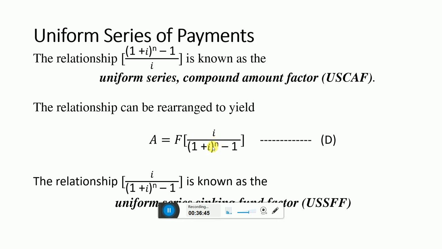So I would repeat: this relationship I over 1 plus I power n minus 1 is known as uniform series sinking fund factor, or USSFF, because this relationship determines the uniform end of period investment, which is A, that must be made to provide an amount F at the end of period N. So at the end of period 5 years or 3 years, what would be the value of F? We can find out by this relationship.